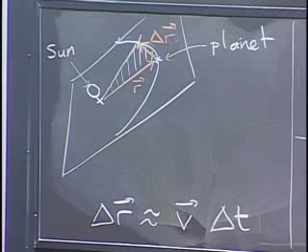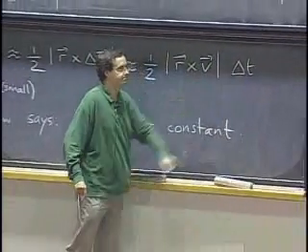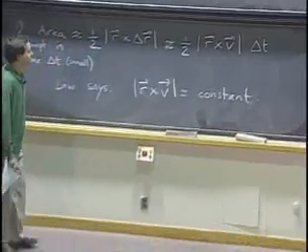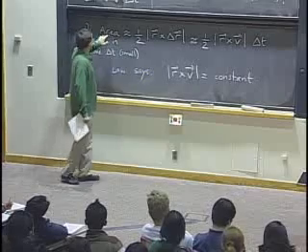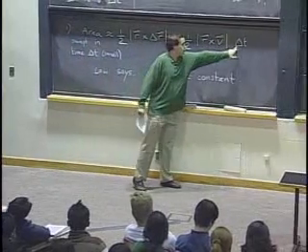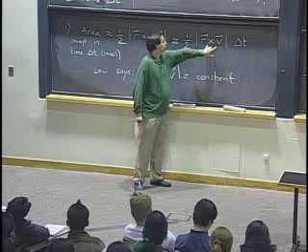That's the formula we've seen for the area of a triangle in space. So the area is 1/2 of the cross product r and v delta t, magnitude of a cross product. So to say that the rate at which area is swept is constant means that these two are proportional. Area divided by delta t is constant over time, and so this is constant.